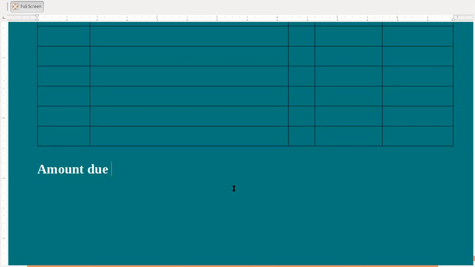Amount due on allotment is equal to 40,000 shares into what is the allotment money? Yeah, 5 per share.